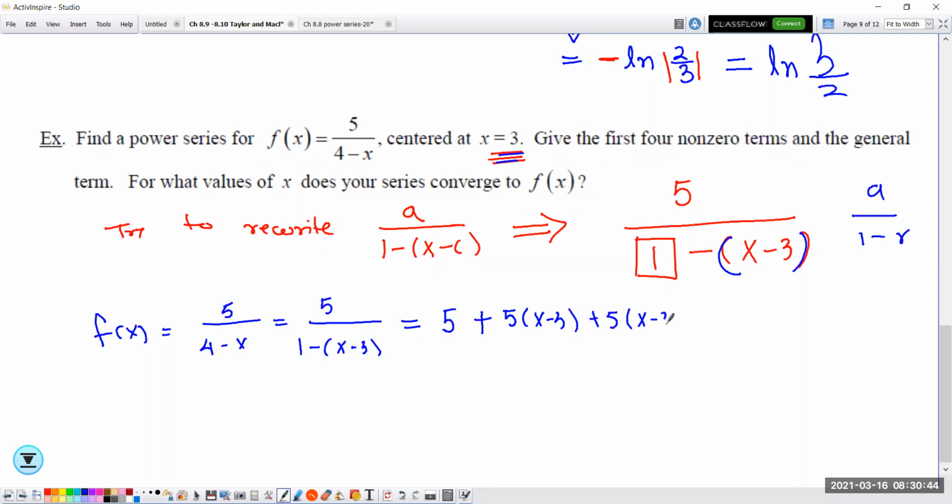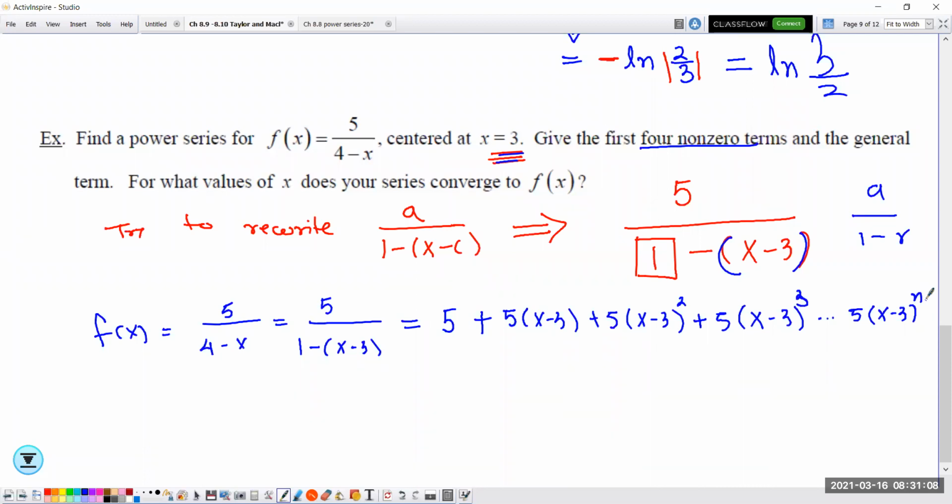This is the fastest way to get the series. The long way to do it is finding all those derivatives. So these are the first 4 terms, 1, 2, 3, 4, and the general term would be n. Isn't this cool?